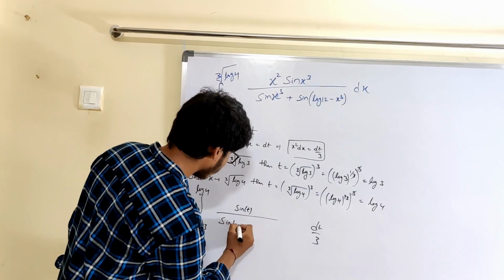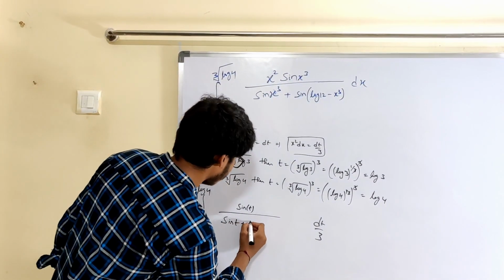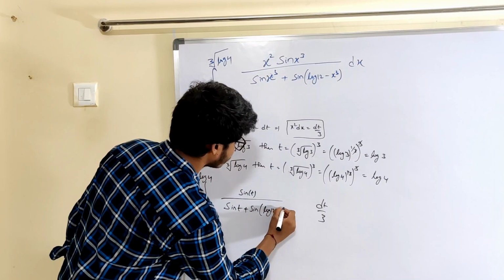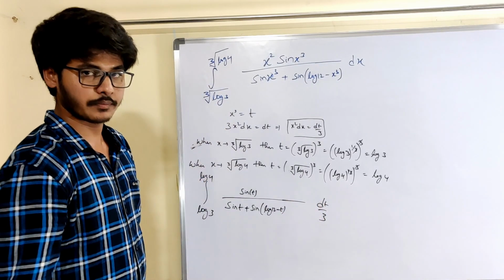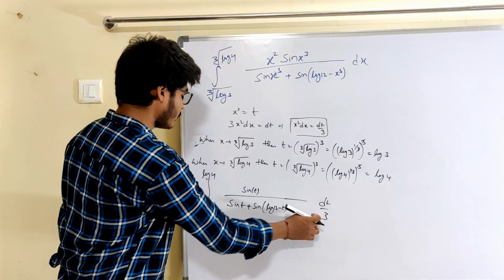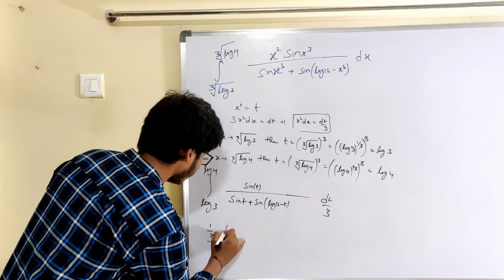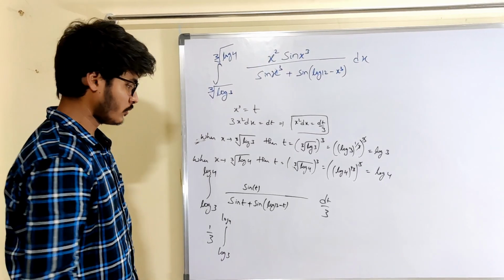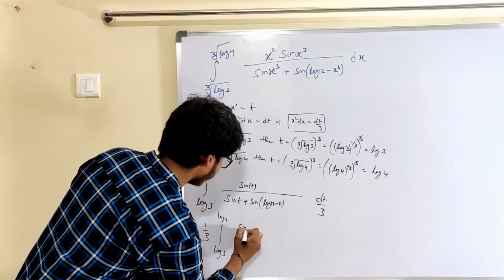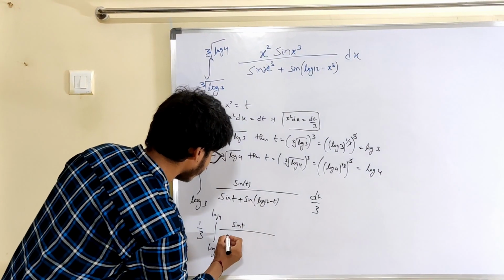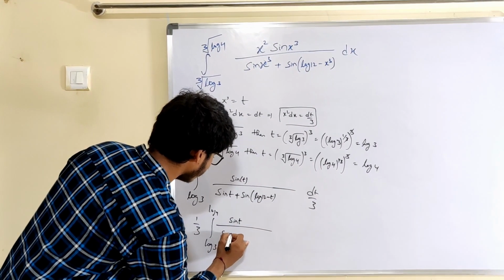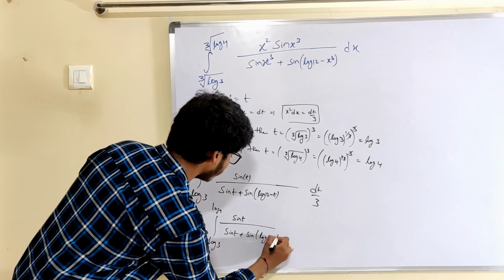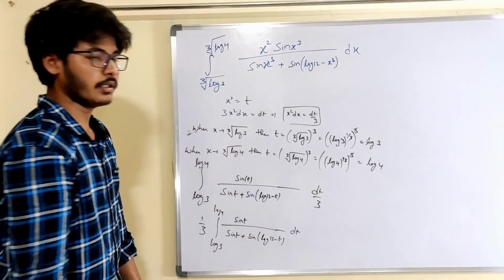Similarly, sin t plus sin of (log 12 minus t) dt by 3. Now we take this 1 by 3 outside: 1 by 3 integral log 3 to log 4 sin t by sin t plus sin of (log 12 minus t) dt.